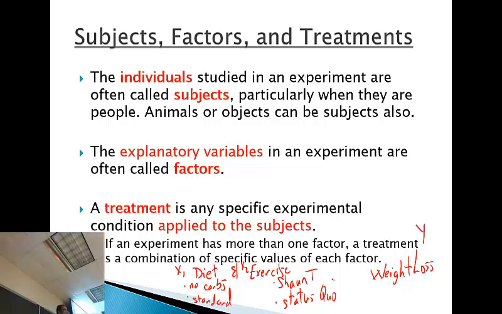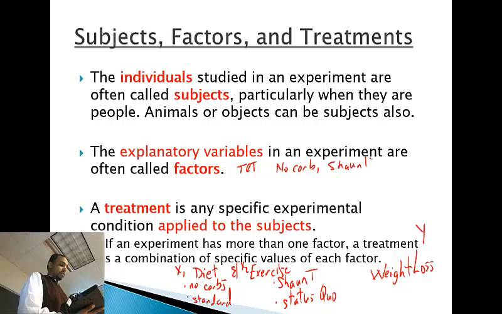Right, so then my treatments, and you're like, okay, you ran out of room. I can have no carb and Shaun T. That's one group. I could have no carb and status quo, which is basically, you know, you're not doing anything different per se.